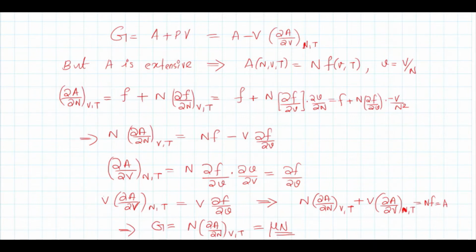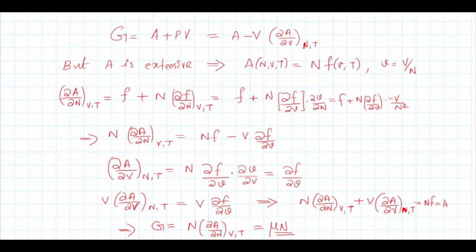So I can write A of N, V, T as some function which is independent of the size, into the number of particles of the system. So as the size of the system increases, this N will increase, keeping this f a fixed quantity. So that will make A extensive. Okay. So A extensive means you can write it in a form like N into f of V, T.